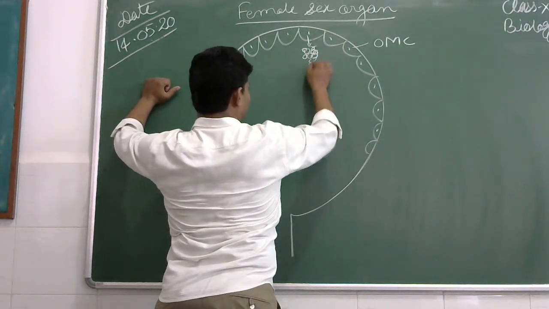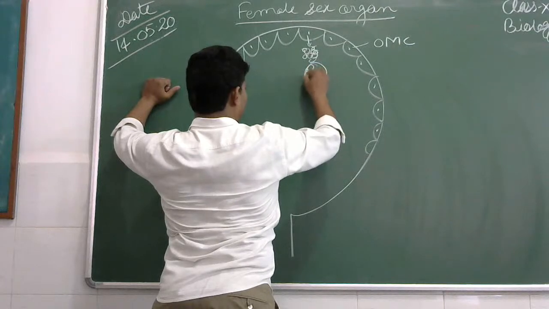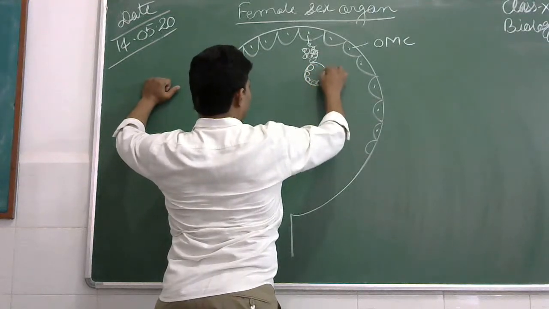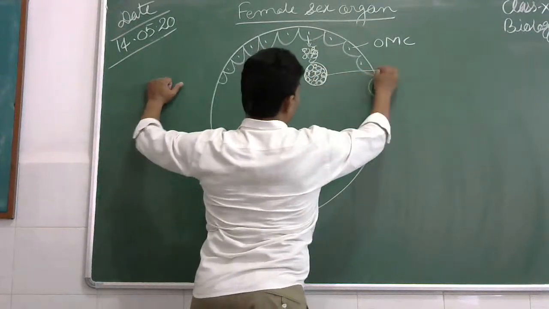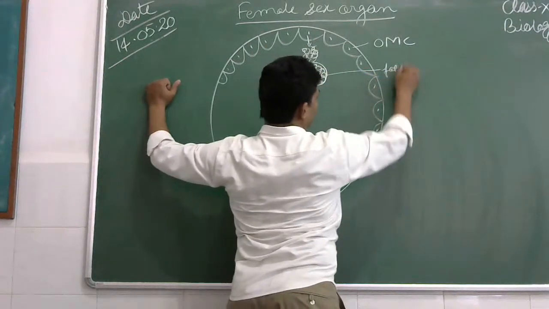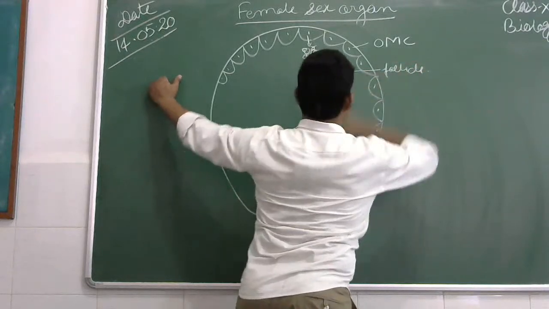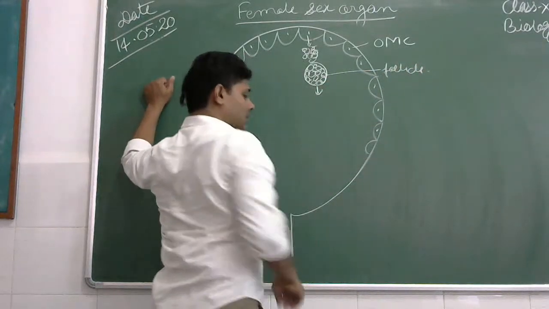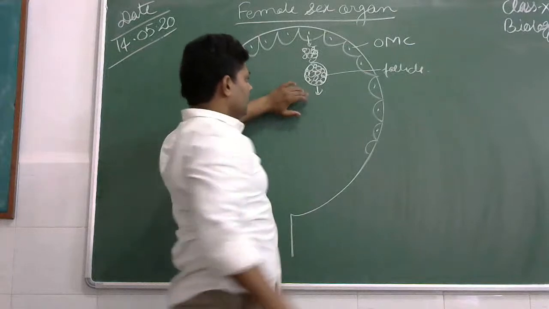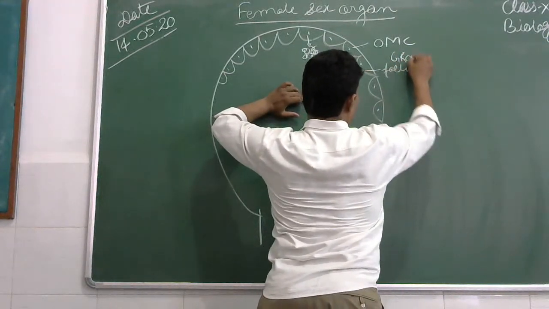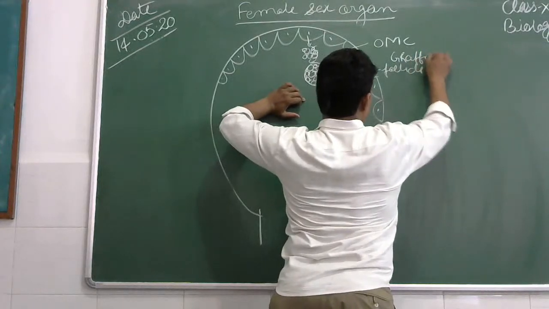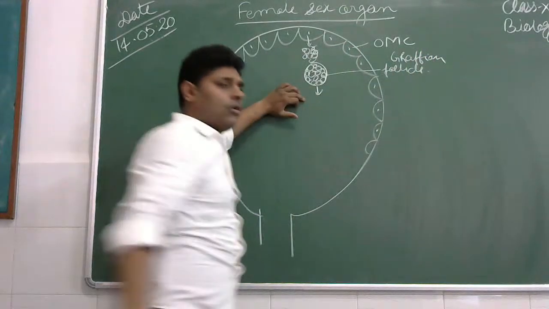This is termed a follicle. This is the follicle, and next it develops and makes the Graafian follicle.